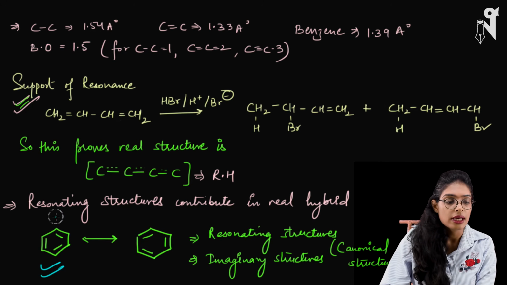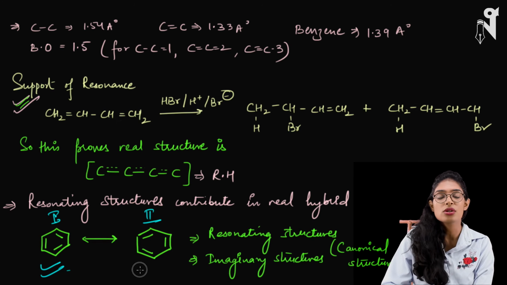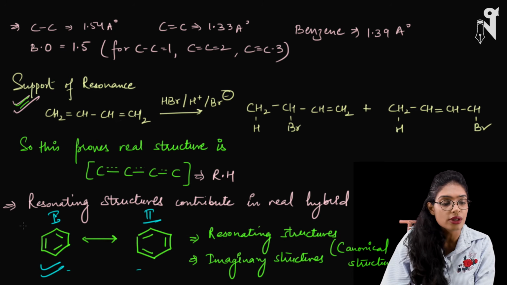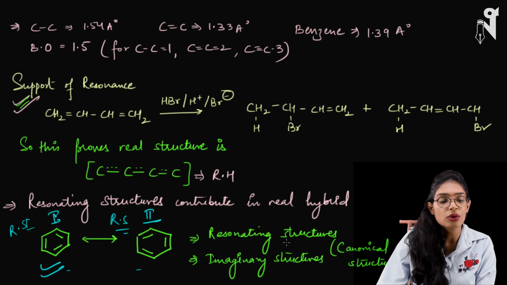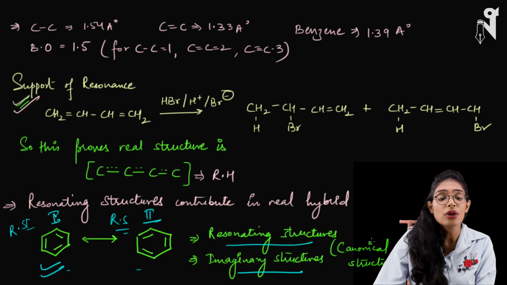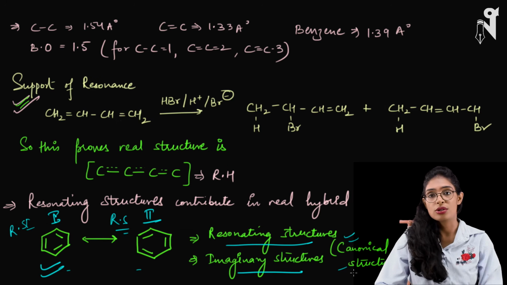I can write this as form 1, and I can also write it as form 2. Both of these structures are very similar to each other, only the positions of double bonds are changing. So this is resonating structure 1, and this is my resonating structure 2. Both of these are imaginary structures, not the actual structure of benzene. We also call them canonical structures.